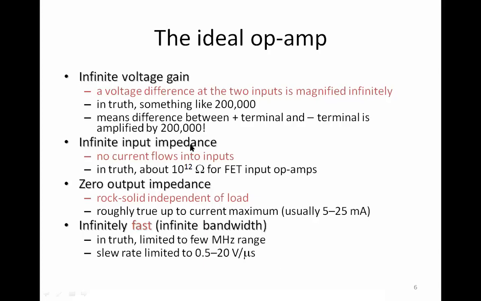Infinite input impedance means it does not allow any current to flow inside. So that's why it has infinite input impedance. This can be represented as Z. In truth, it is about 10 raised to 12 ohms for FET input op amps.